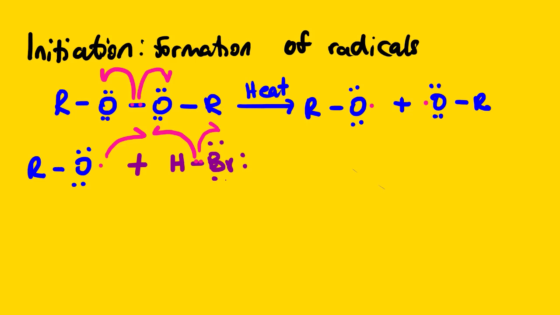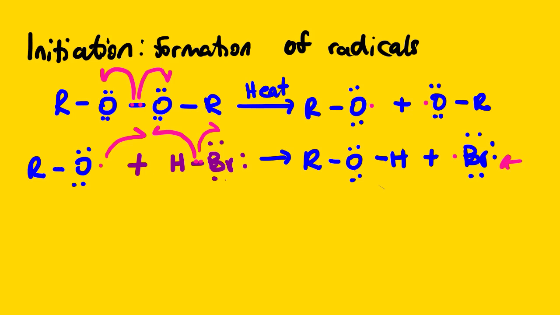One of them will go to the alkoxyl, the other one will go to the bromide, to form another radical, which is Br. This is a radical. This step we call propagation, whereby a radical reacts to generate another radical. And then from here we can start with our steps.